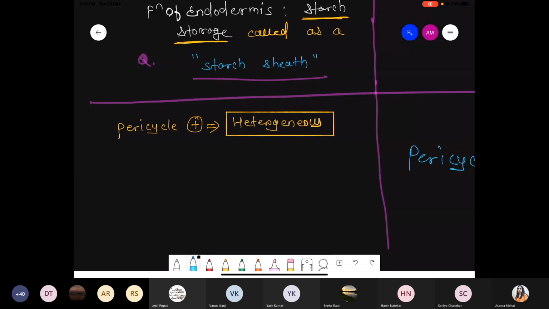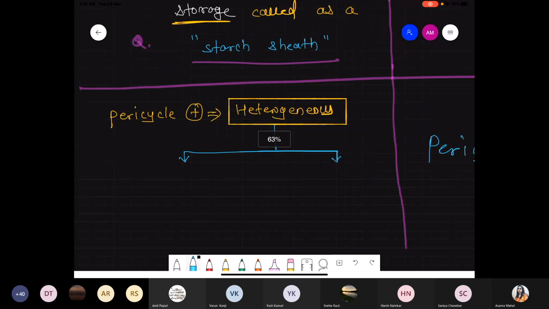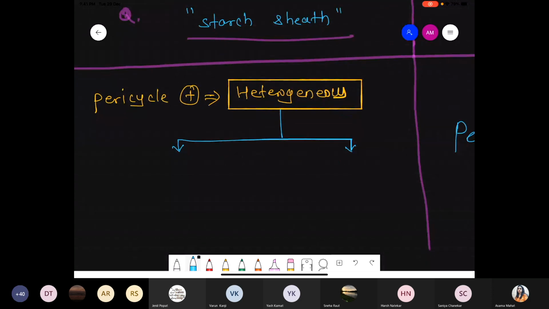Because in case of the dicot stem, two layers of parenchyma are present, two different types of layer. One layer is thin cells of parenchyma, and another is thick cells of parenchyma, and the thin as well as the thick collectively form the entire structure of pericycle.